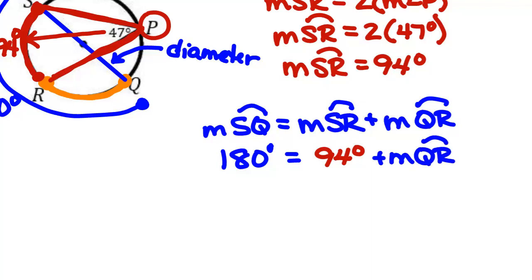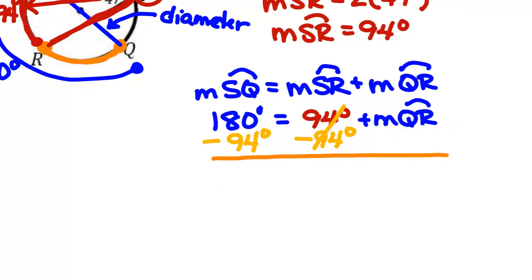So we're going to minus 94 from both sides. And that means that QR is how big? What is 180 minus 94? 86 degrees. Thank you.